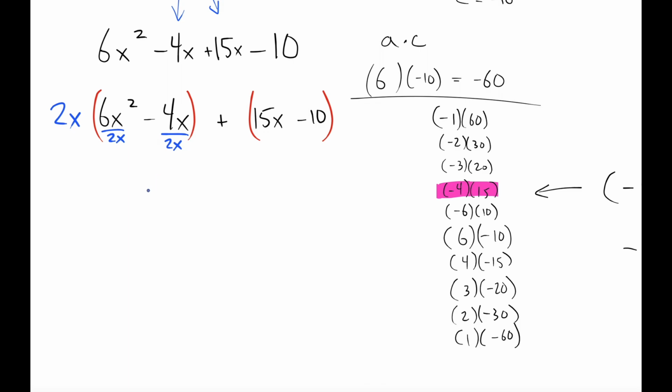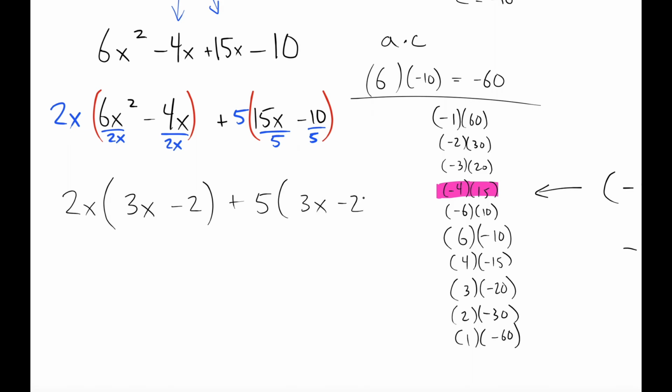That's a technique for factoring something out. In these guys' cases, they share a 5. So divide by 5. So now let's simplify. We get 3x minus 2 and 5 times 3x minus 2.